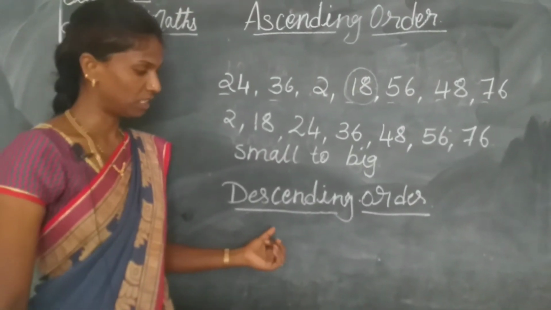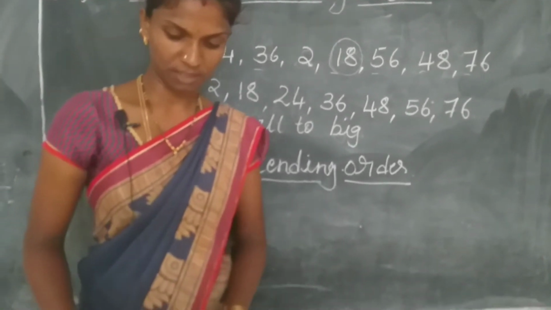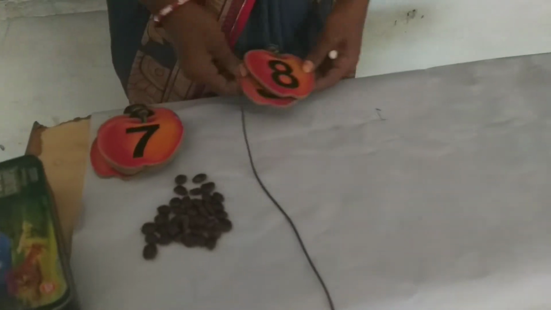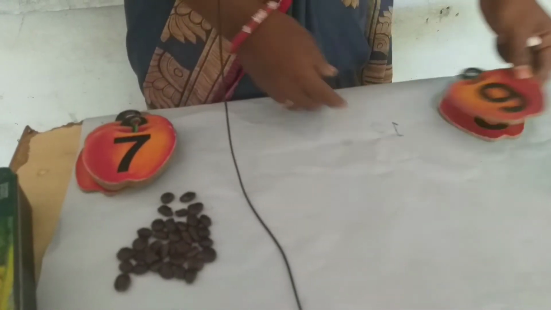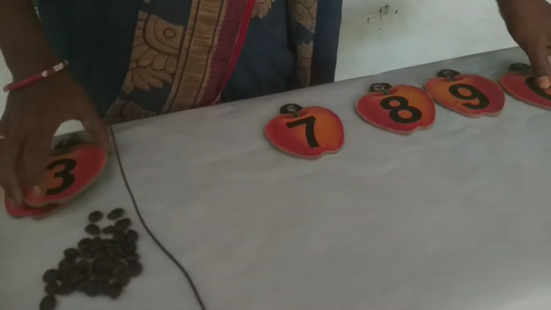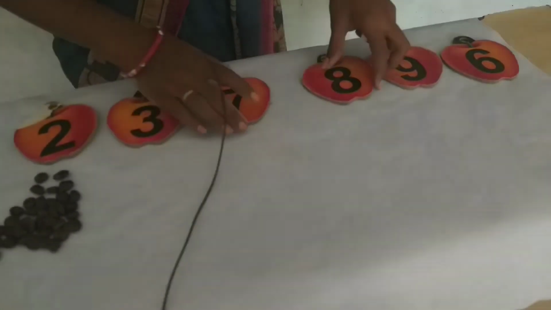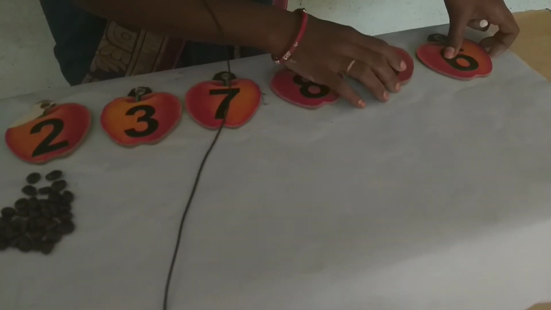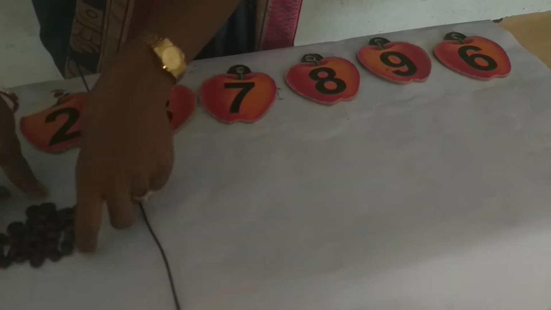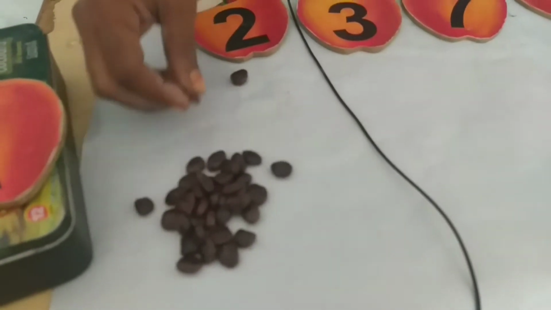Now our next topic is descending order. Now let us see with objects. So I have taken some more numbers here: 8, 9, 7, 6, 3 and 2. Now see, let us take objects for these numbers. Count along with me. For 2 we have to take 2 objects: 1, 2.